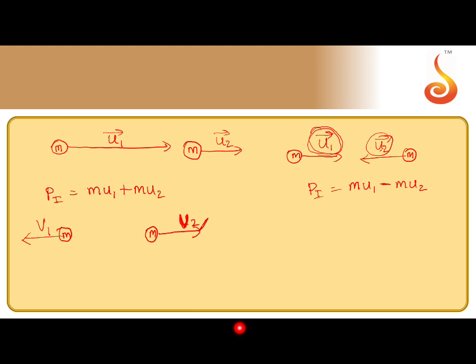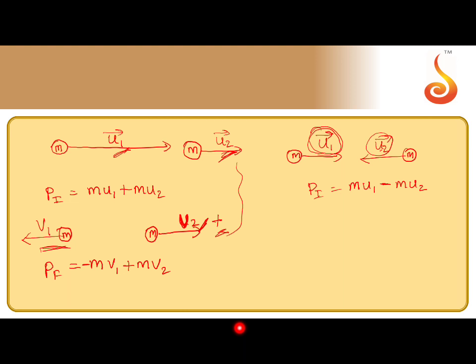Now I will treat this as positive because earlier for the initial I have taken them to be positive in that direction. So P final will become equal to m into v1 with a negative sign plus m into v2. You see, these were in the same direction, I took it as positive. This has become opposite, I have taken it to be negative.